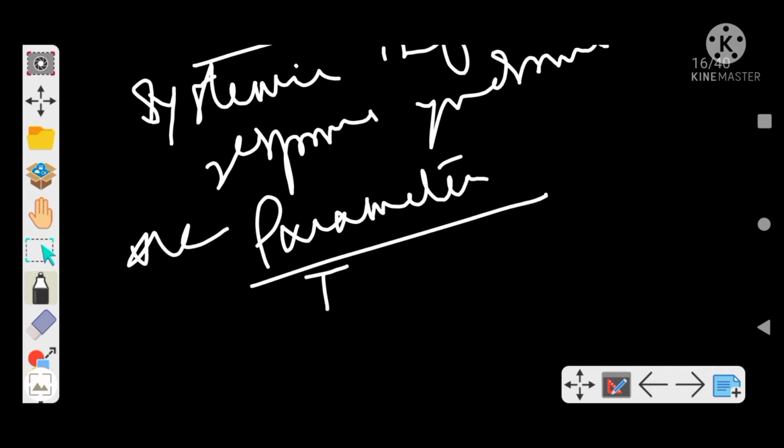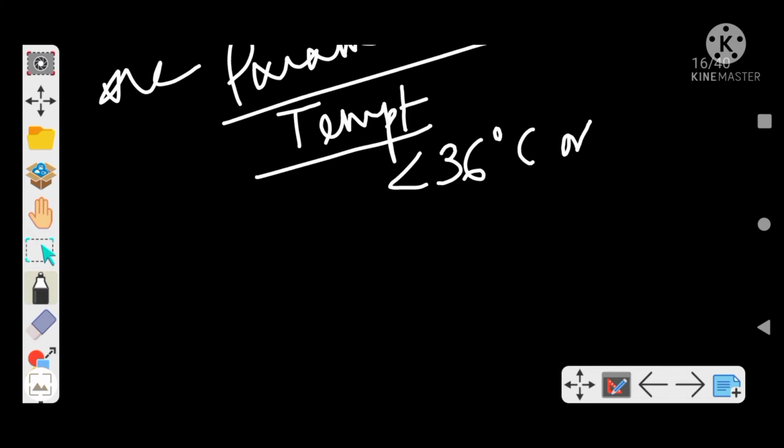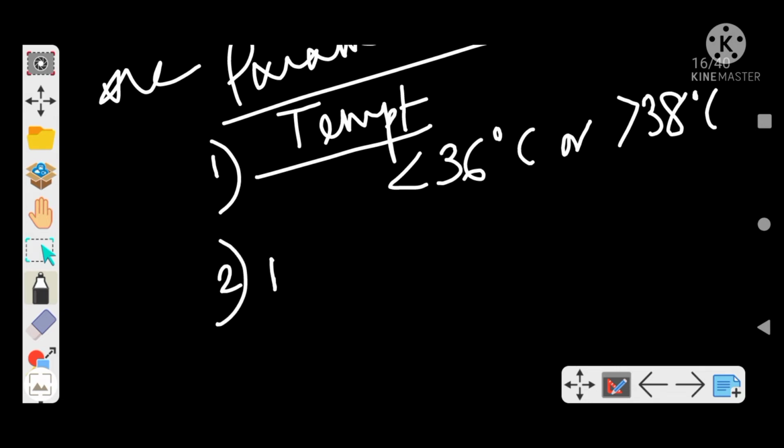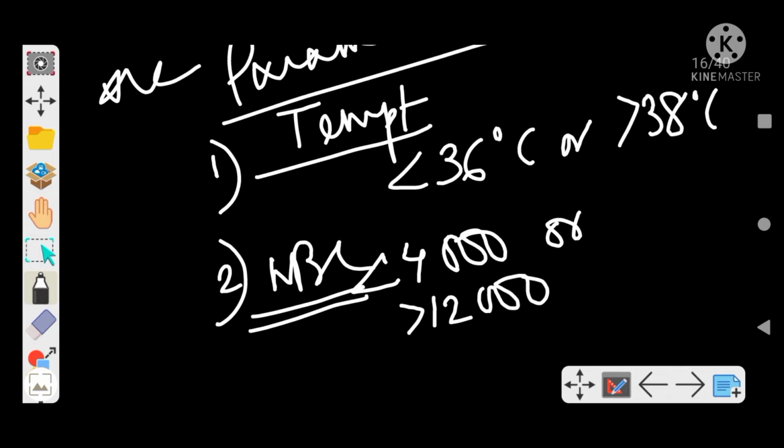So in the parameter section we have temperature, which is less than 36 degrees Celsius or more than 38 degrees Celsius. Second, we have WBC count less than 4,000 or more than 12,000. You can also say more than 10% in band forms.